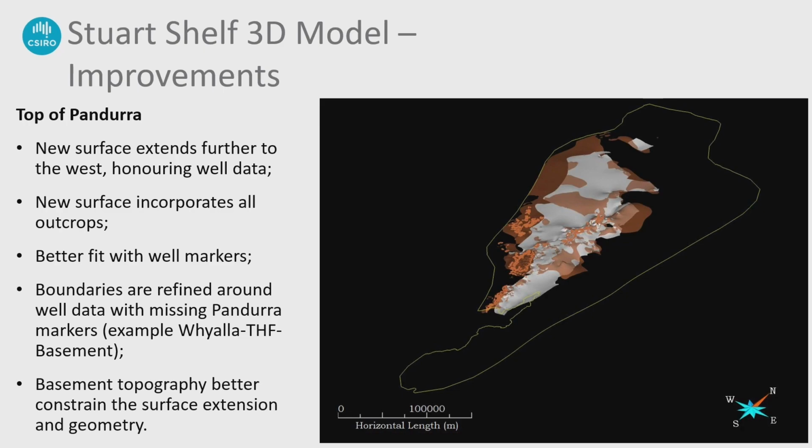Basically what I did was importing those outcrops as a shapefile into GoCAD, and those became point sets along with the markers, and they constrained the construction of each surface.